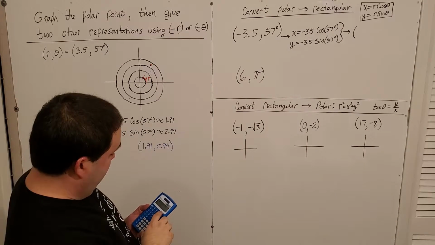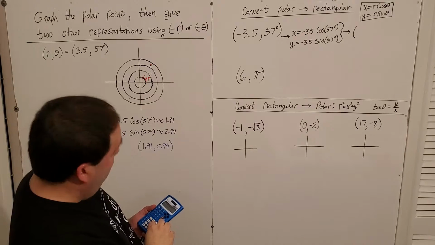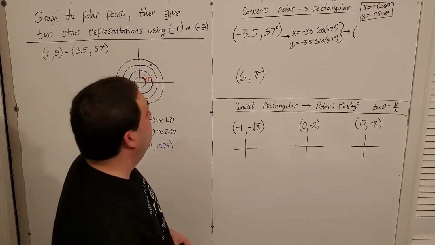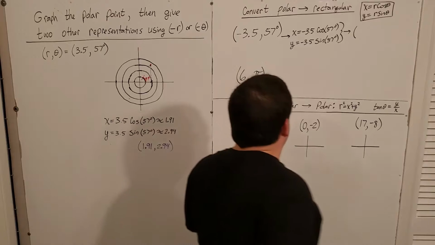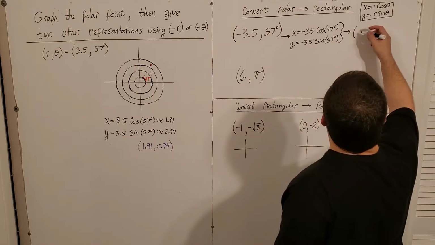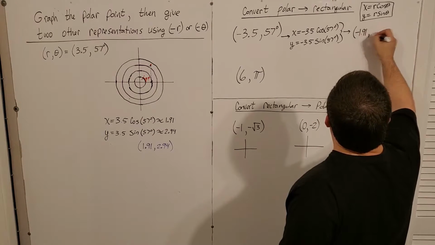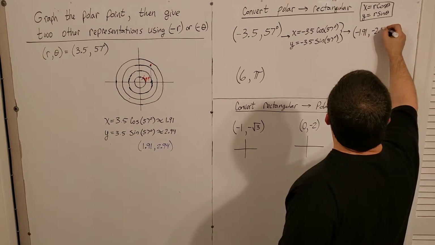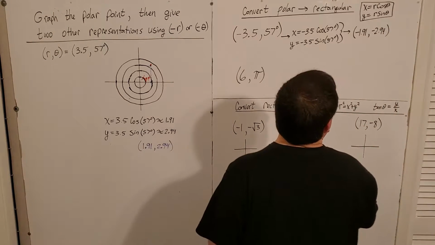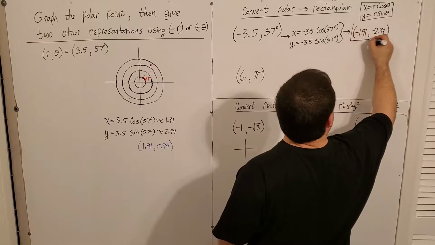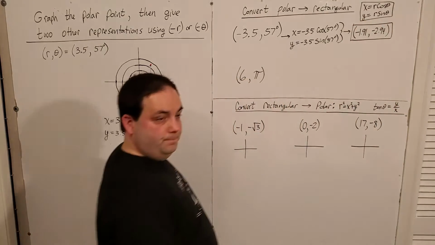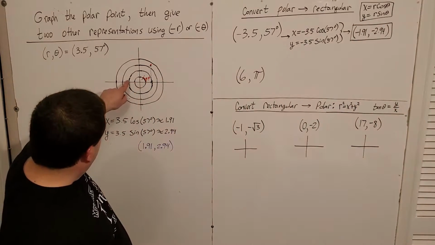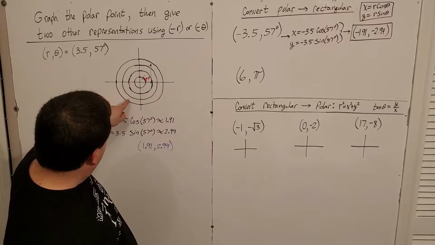If you hit all those things in there, just multiply by the negative, you're going to get negative 1.91 and negative 2.94 ish, right? Which is exactly what we're looking at right here, right?